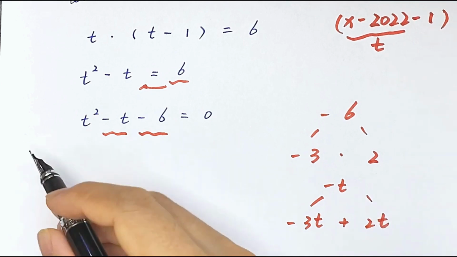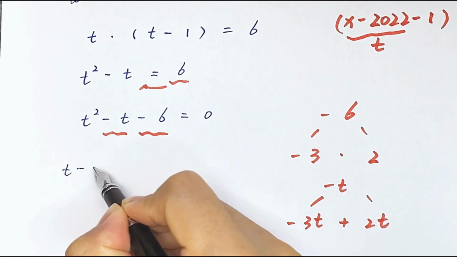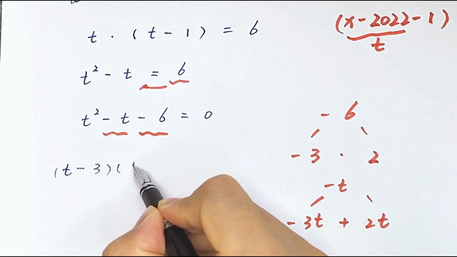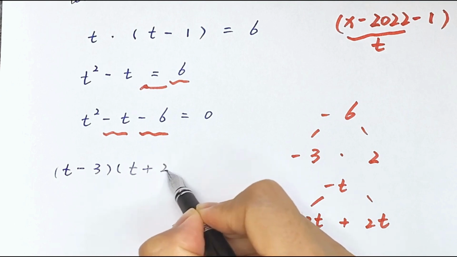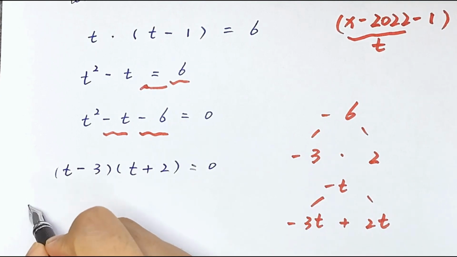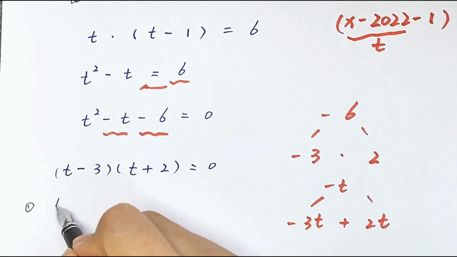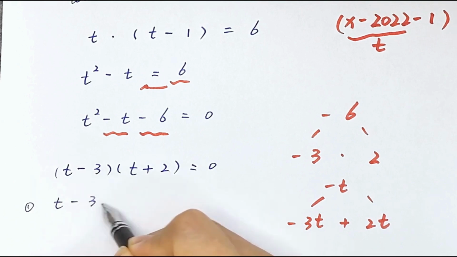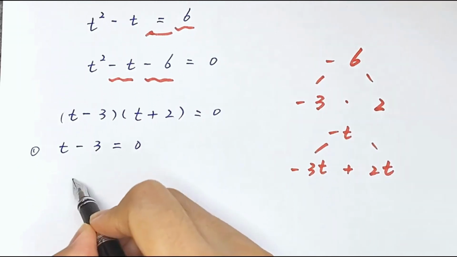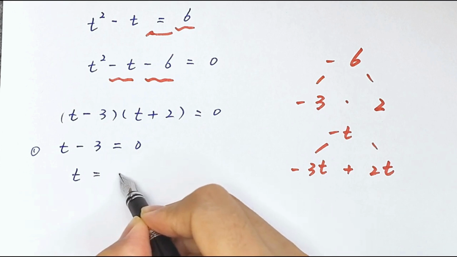So (t minus 3) times (t plus 2) equals 0. t minus 3 equals 0, t equals 3.